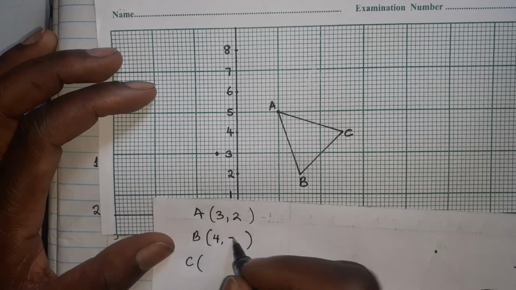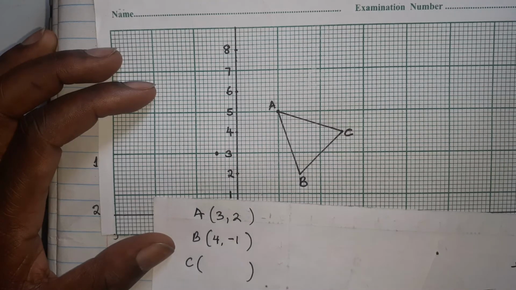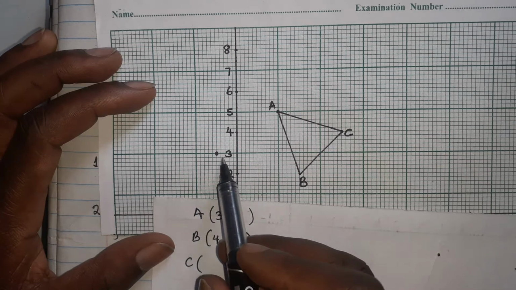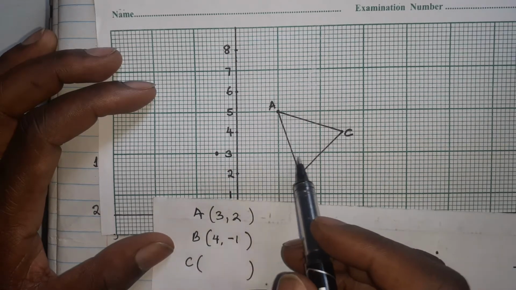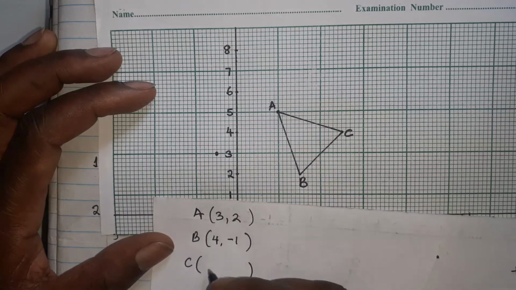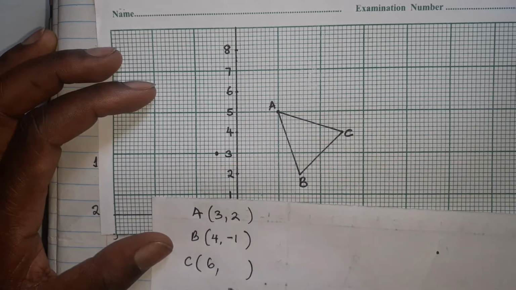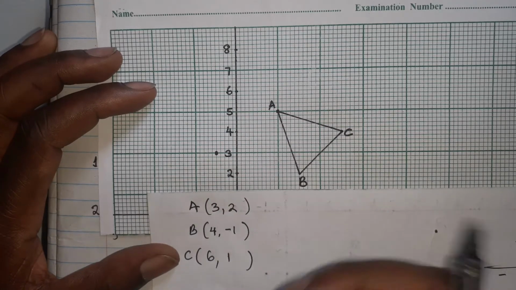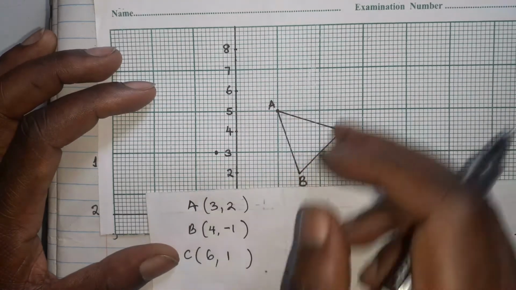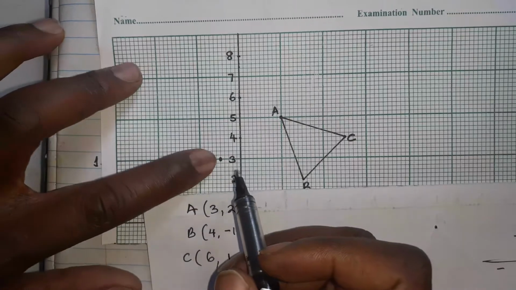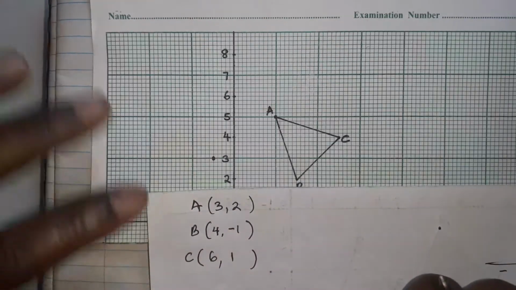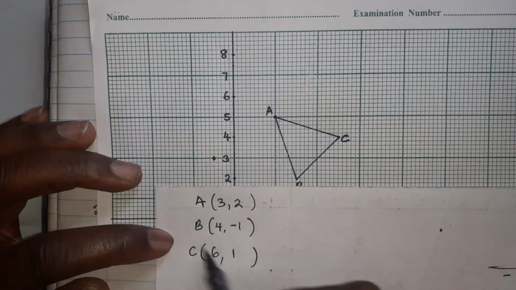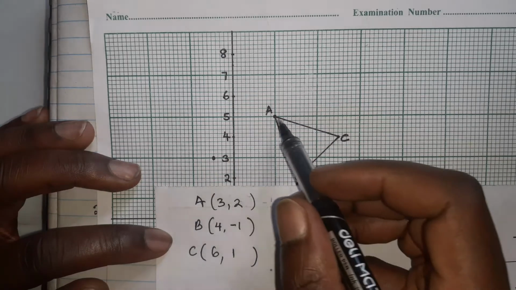Then we come down to be negative 1. Then for C, from here, 1, 2, 3, 4, 5, 6. So we have 6. Then we go up 1. So these are the coordinates of the points when we use this center of enlargement as the origin.